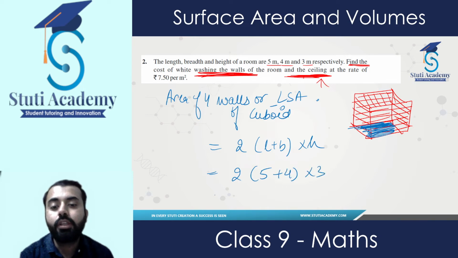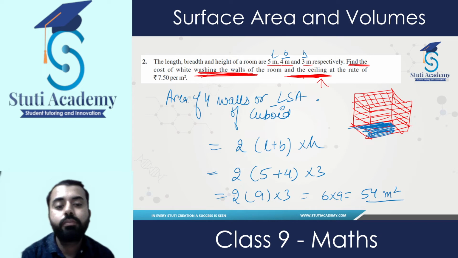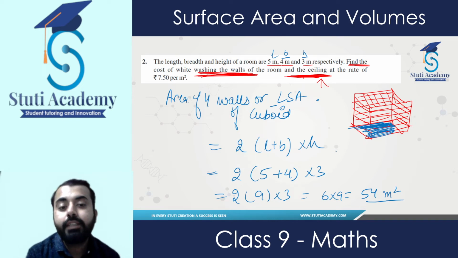Always remember this, the longest side is your length, second longest is your breadth, and the shortest one is the height. In this case 2 into 9, okay, so that means 6 into 9. You get 54 meter square, right? That is the area of four walls. I have to find the area of top too. Area of top is what? That means 5 into 4, 20.